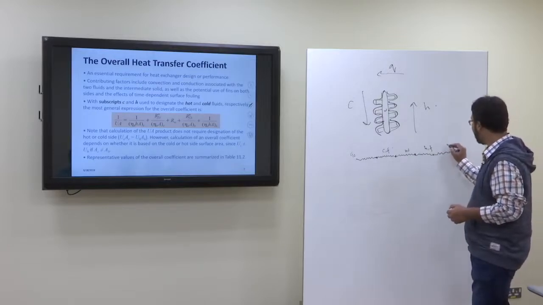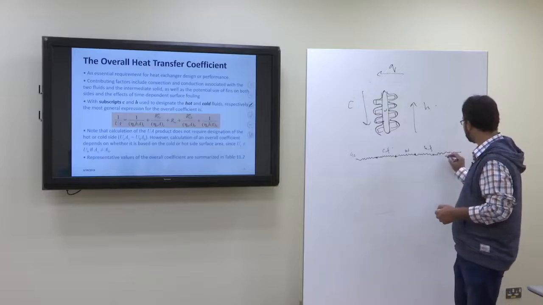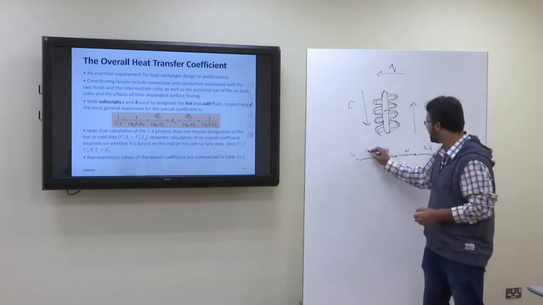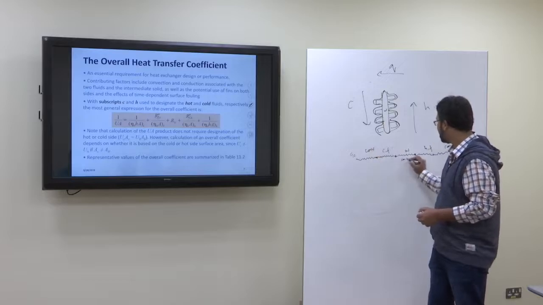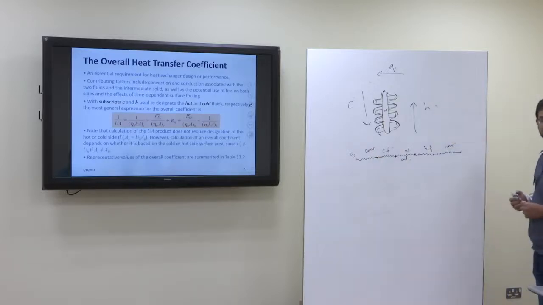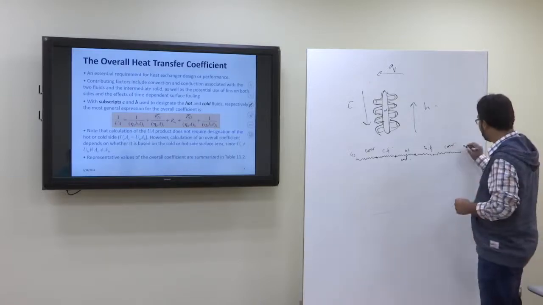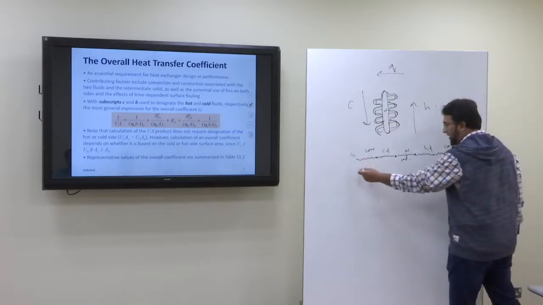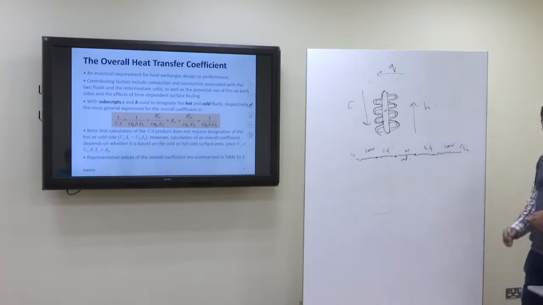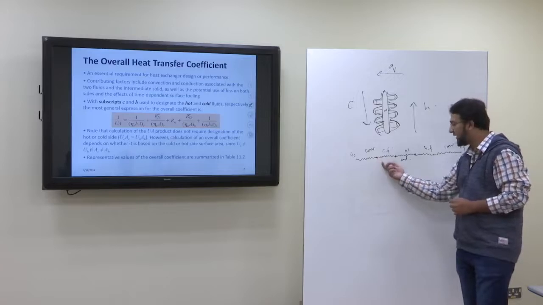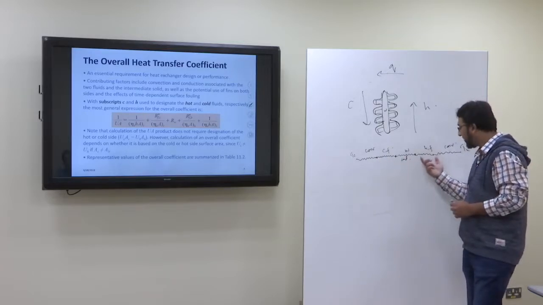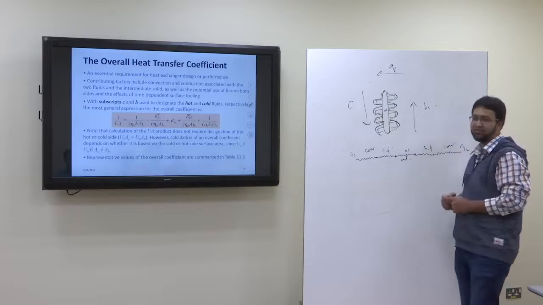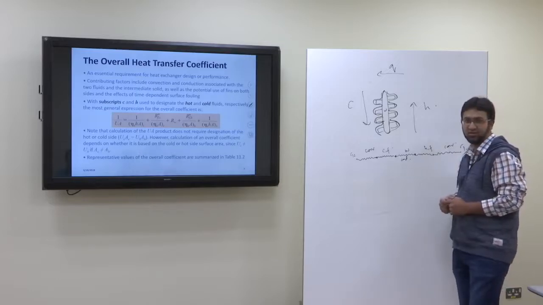So this is convection, this is conduction. You understand this? So we have from T cold to T hot, or from T hot to T cold, this is our resistance circuit. So you have convection, fouling, conduction, fouling, then again convection on the hot side.